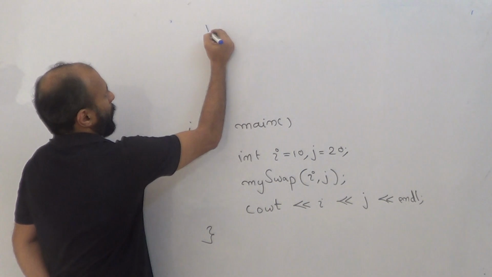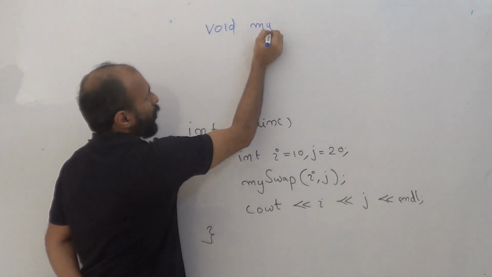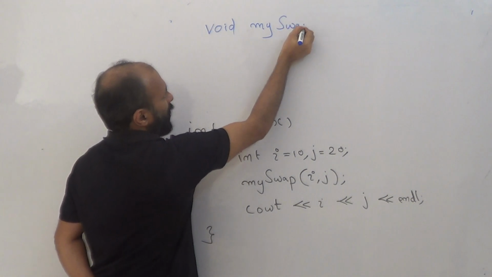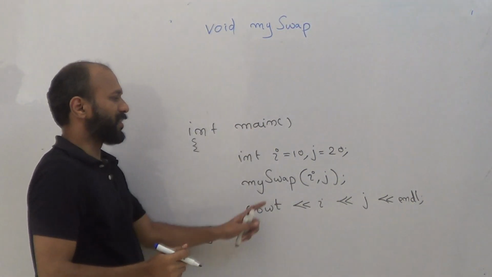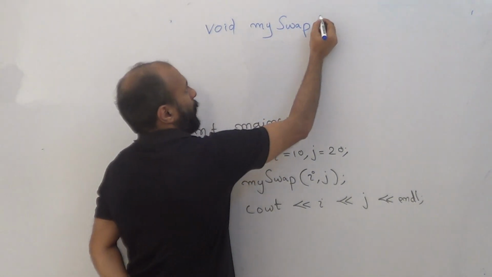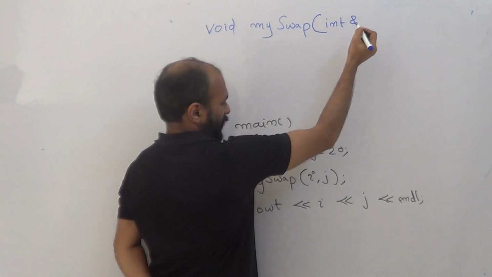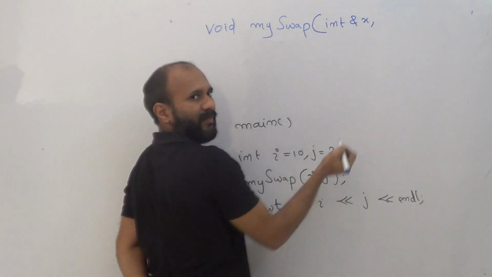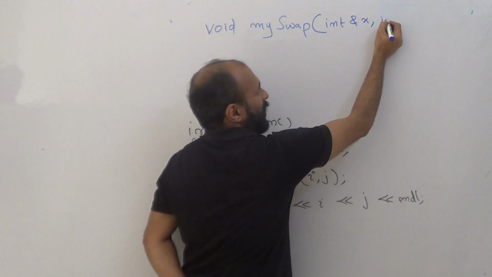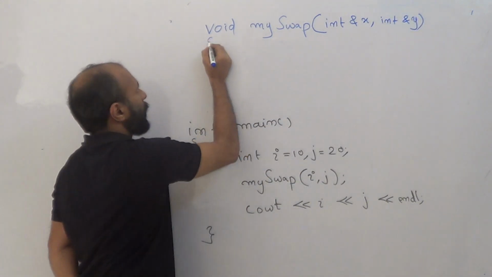Now we can try to implement the mySwap function. Here, void, my function name is mySwap. Now I am using reference variables as the arguments of this function. int reference x. Again I am writing int reference y.